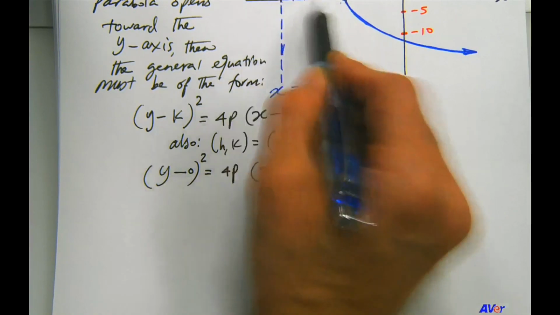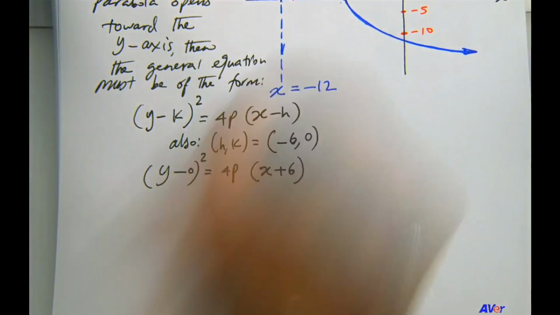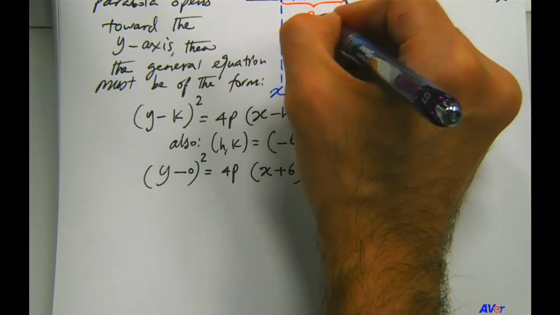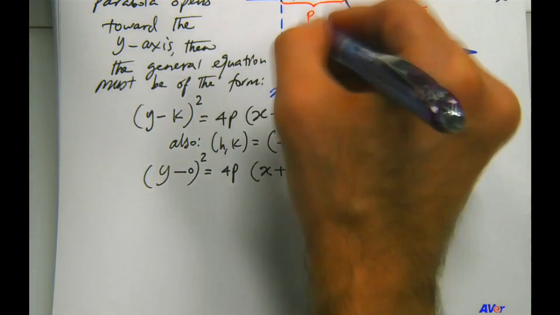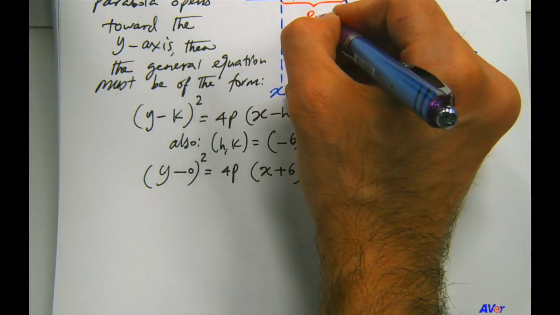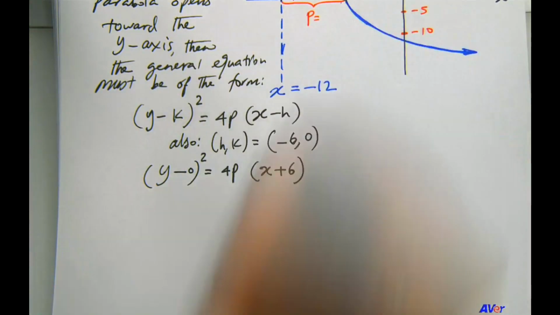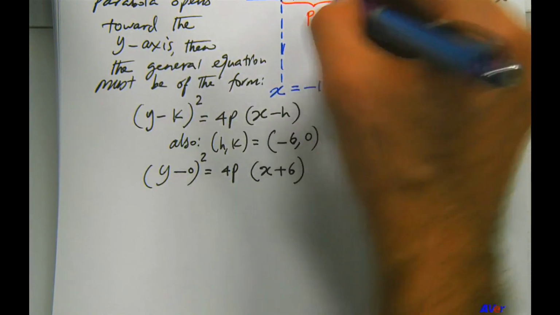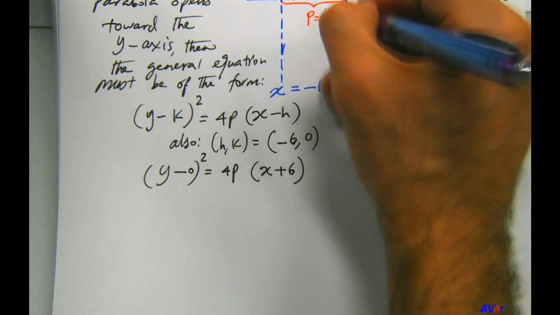So we know this distance is P, and that should be equal to positive 6, right?